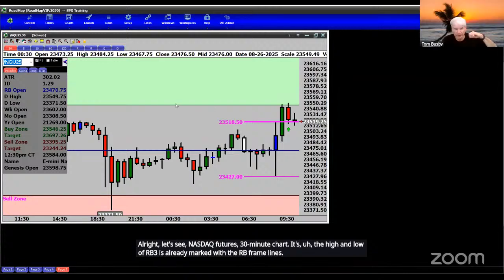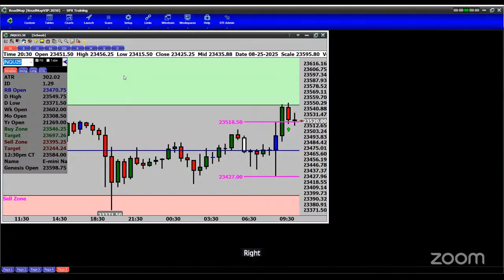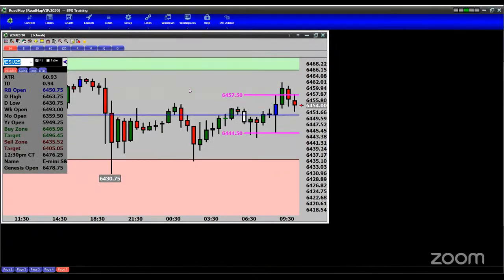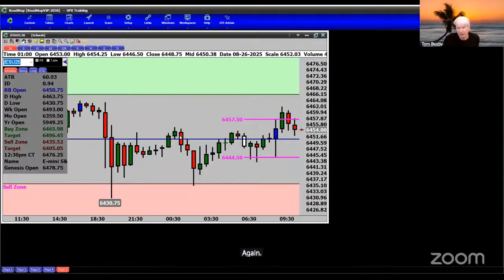See how it broke it on the E-mini? Or that's the NASDAQ, right? Right, that's the NASDAQ. Okay, and here's the E-mini. Again, it broke RB3, hit the top, and then just corrected a little bit. That's all it's doing.